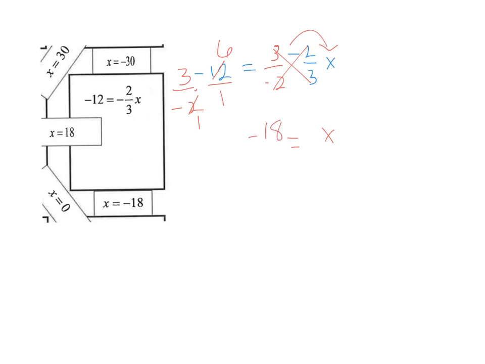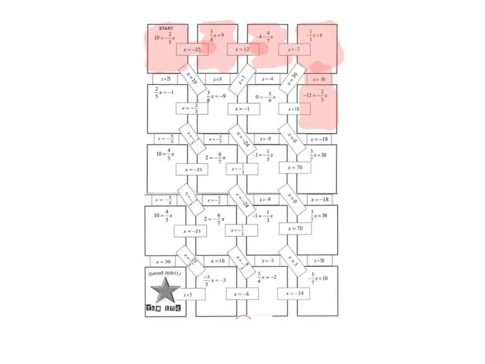Negative 1 times positive 1 is negative 1. Negative 18 divided by negative 1 is positive 18. So we are going to go back to the left. We're going to go in that direction. Alright, so we're going back this way.